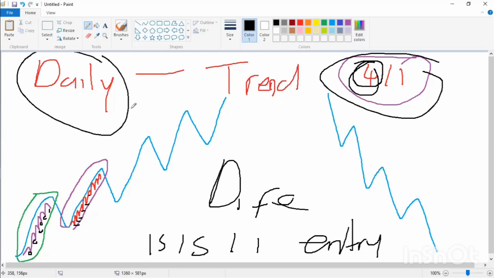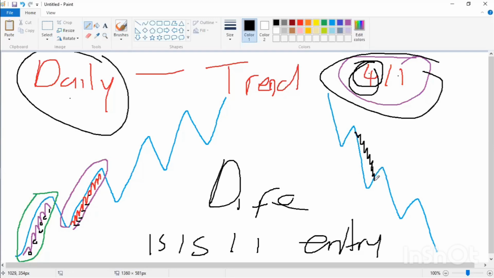But for the direction, if daily is bullish, you're only going to be buying on the 4 hour and 1 hour higher lows. If daily is bearish, you're going to be selling on the 4 hour and 1 hour lower highs only. If we go to the daily here, you would see lower low, lower high, lower low, lower high, like this.